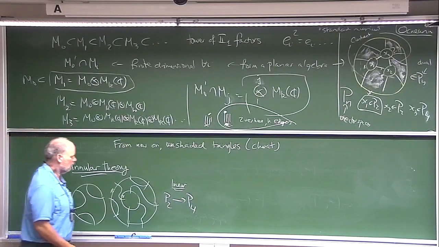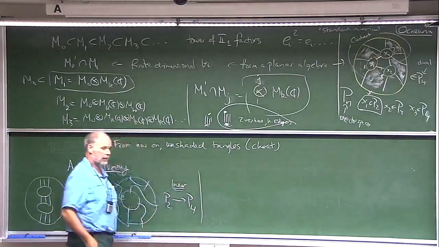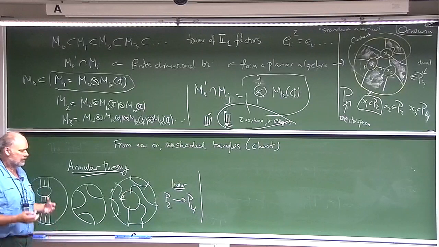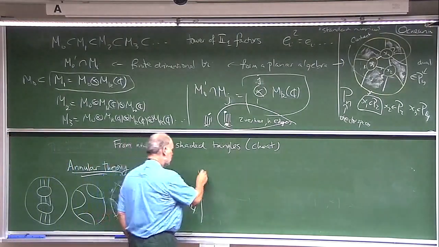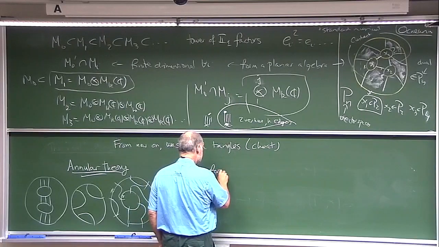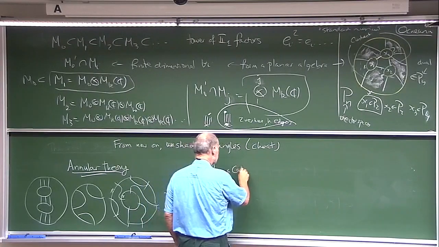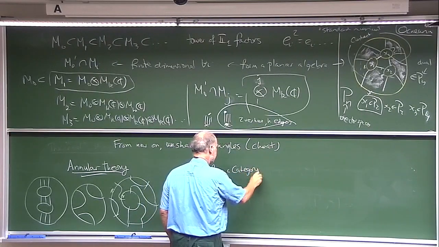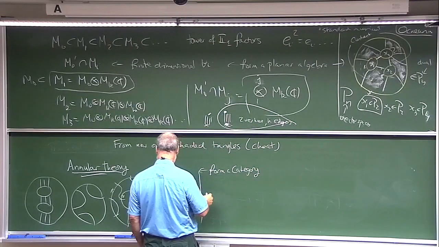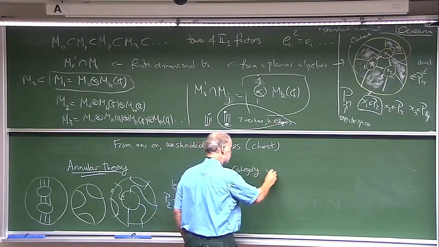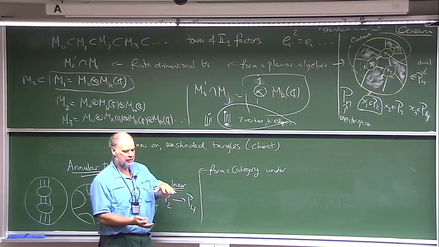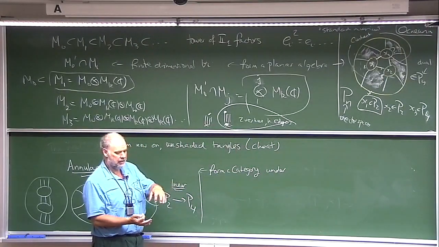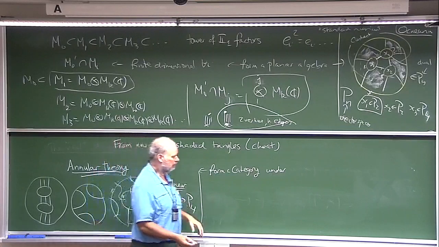Now the nice thing about these annular tangles is that they immediately form a category, a very simple category. It's morally the same as that concatenation we did with braids, except that now they're two annuli.